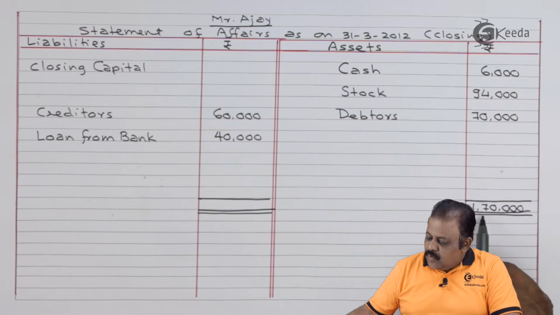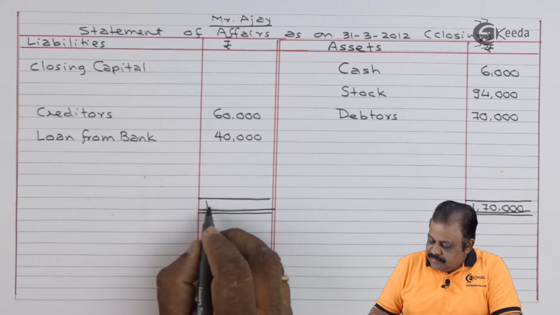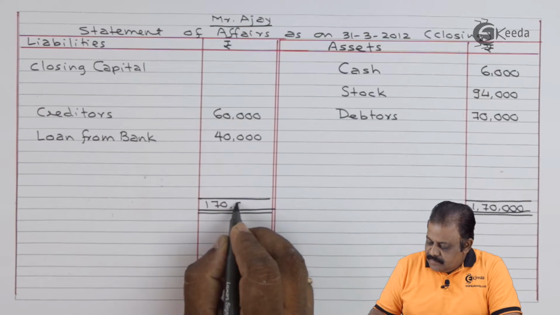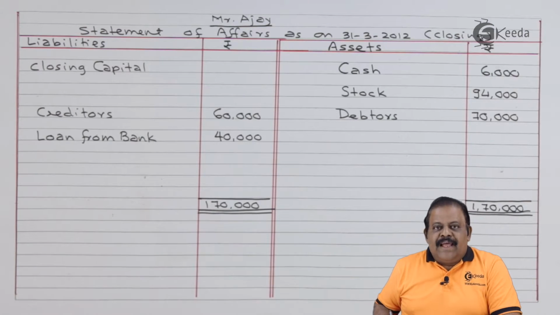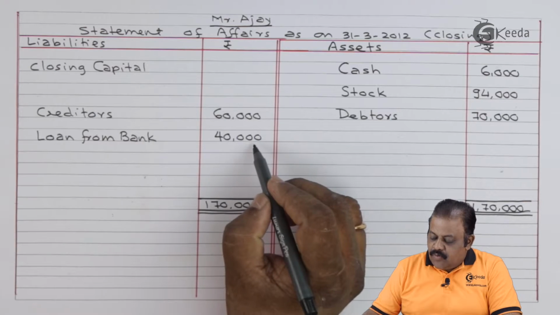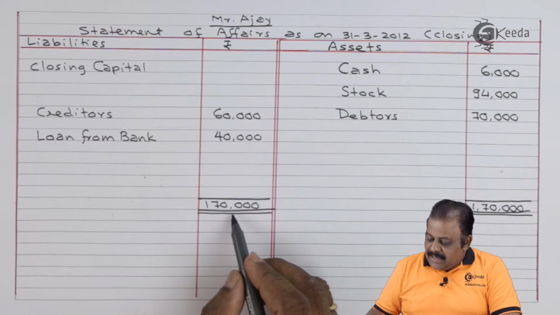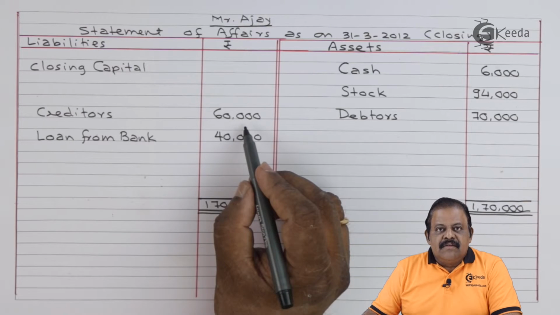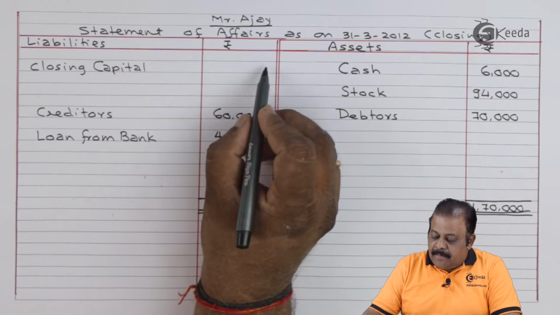Total of the asset side is 1,70,000. So total liabilities should be 1,70,000. Here we have creditors and loan from bank, total 1 lakh. 1,70,000 minus 1 lakh, the balancing figure, we are getting closing capital.